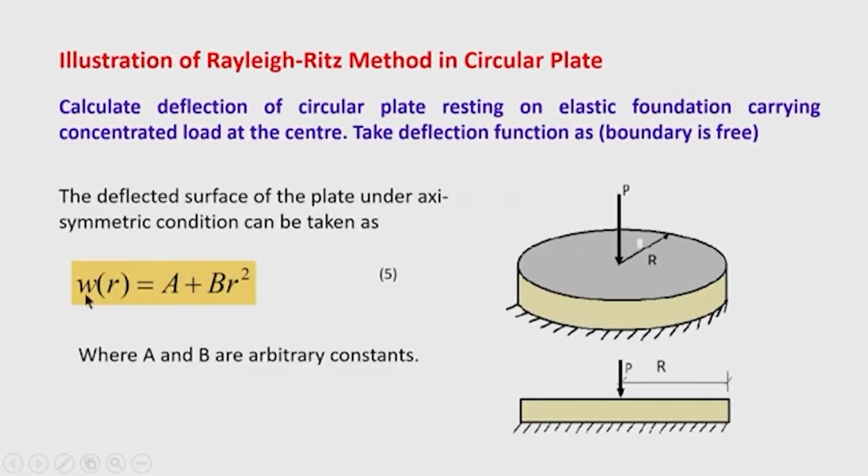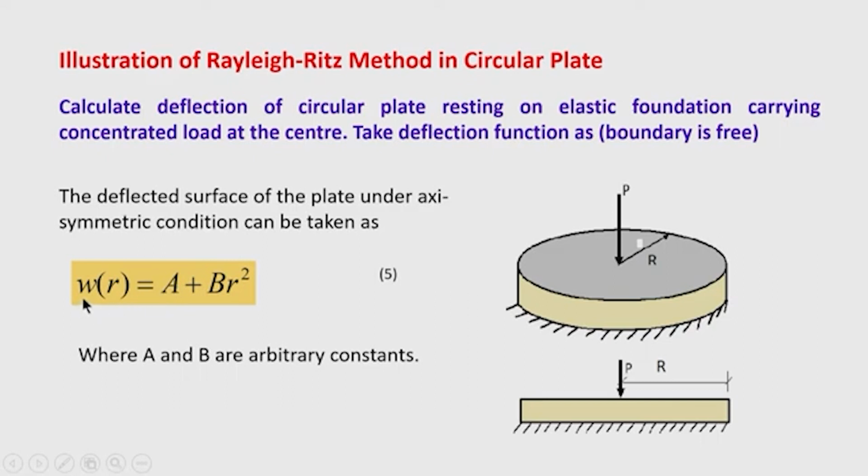So, if I take a deflection as A plus B r square, then the first derivative as well as the second derivative of the constant A will be 0. So, the rigid body displacement, if it is there, will not contribute to the strain energy expression. However, due to the free boundary condition, we take the rigid body displacement term in the deflection surface expression.